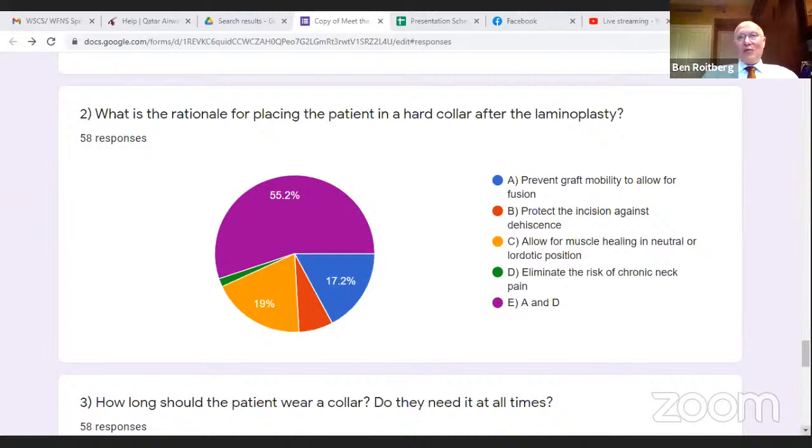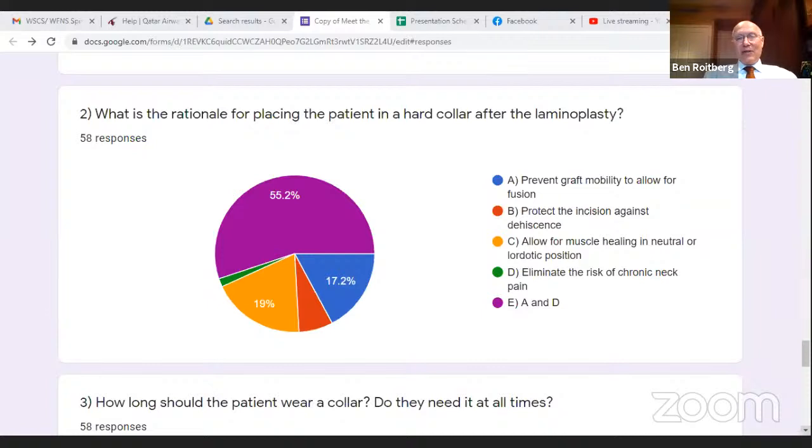That's why you don't need hardware. The main reason is to allow for muscle healing in a neutral lordotic position to prevent neck pain and to prevent some early impetus for kyphosis. And D is to eliminate the risk of chronic neck pain. Again, for those who put A and D, nothing eliminates the risk of chronic neck pain.